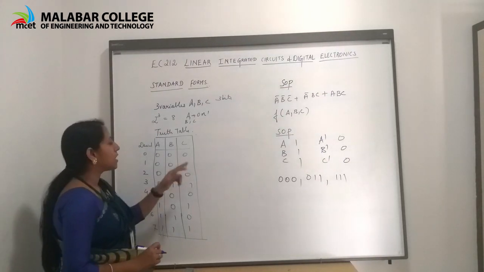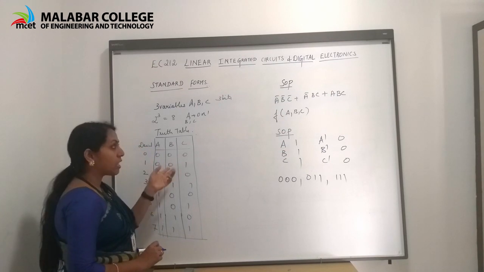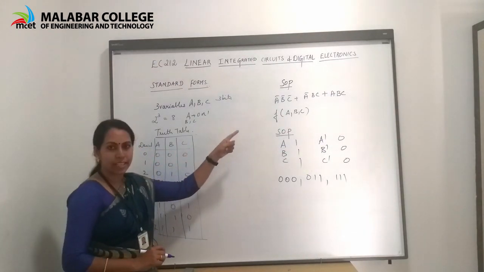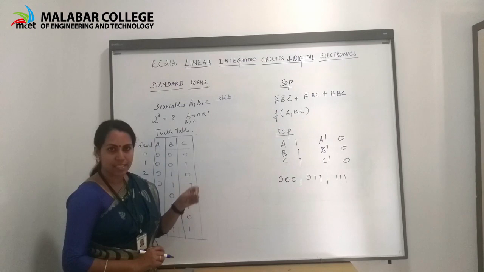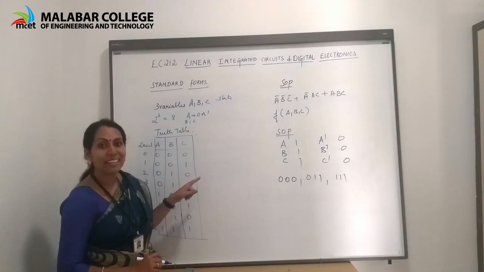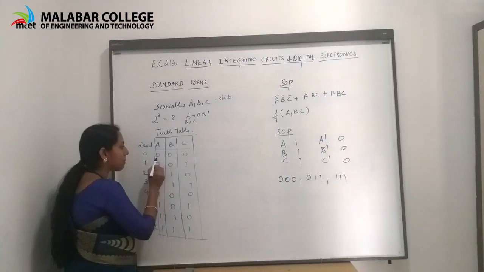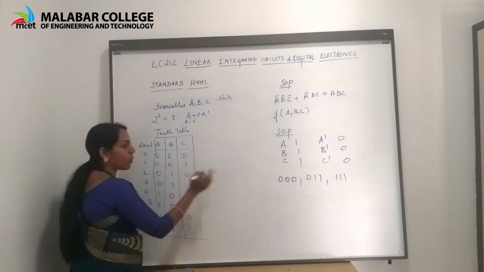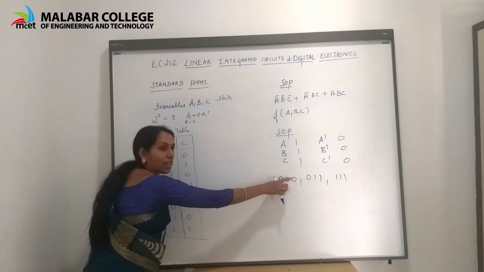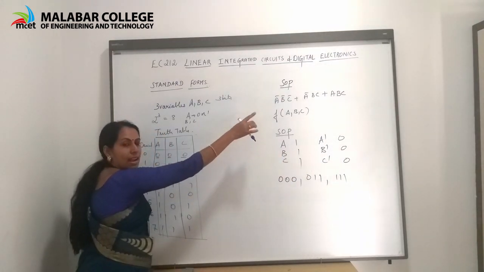Now what we have to do is, for finding the truth table, wherever the expression A bar, B bar, C bar is there, we have to write the result as 1. So 0 0 0 indicates A bar, B bar and C bar.